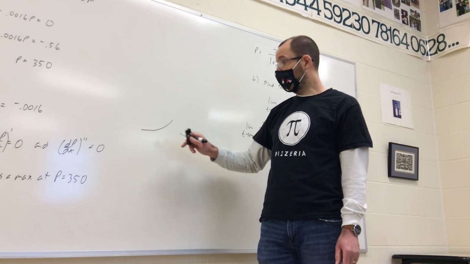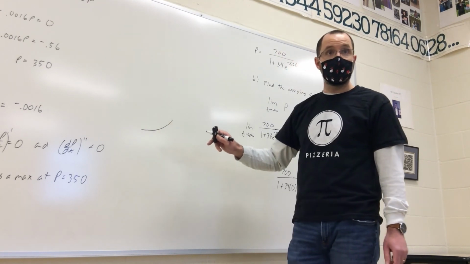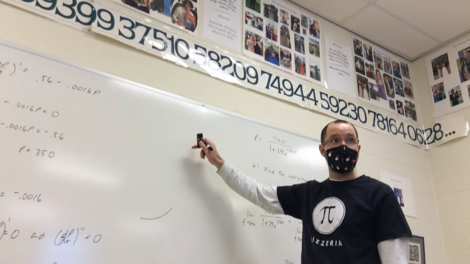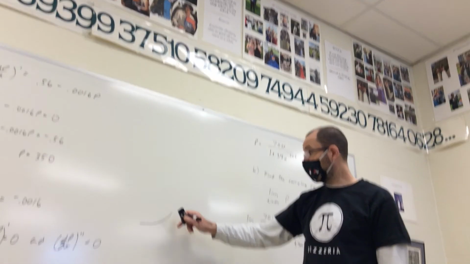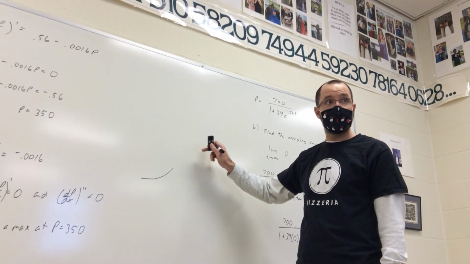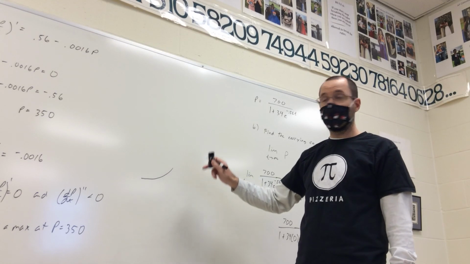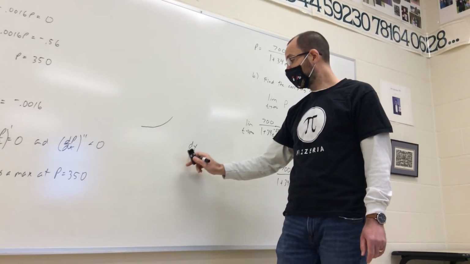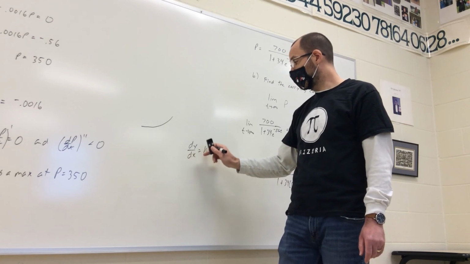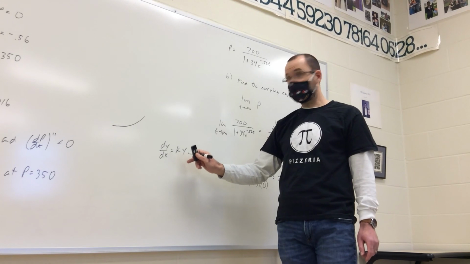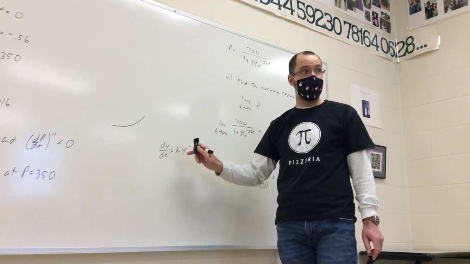So the deal was that sometimes data starts out looking like this. And when it looks like that, sometimes it's going to keep growing and growing and growing and get out of control. And other times it's going to grow but then flatten out. So if it's going to get out of control, then it's exponential, which means the derivative is this, right? If it's an exponential graph, this is the derivative.